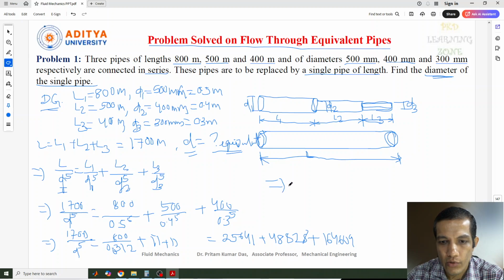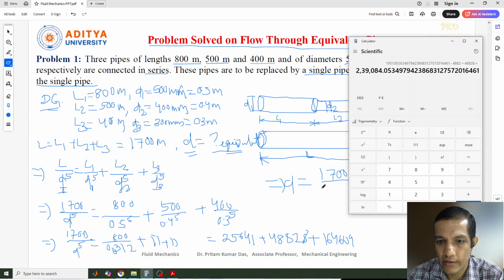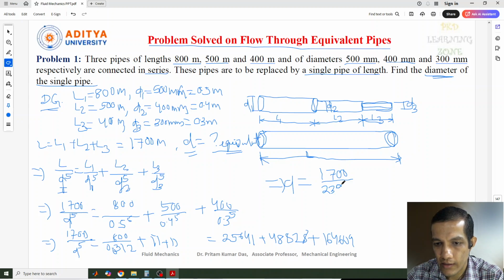We take D^5 to one side, and on the other side we write 1700 divided by this value, which we got as 2,39,084 or so. Now D to the power 5 is there, so we need the fifth root of this.